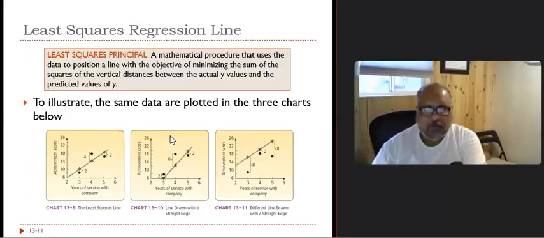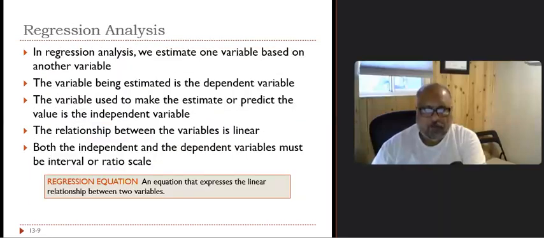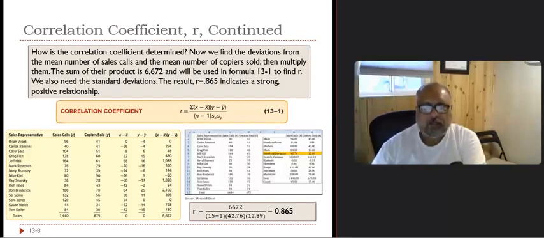Going back now, in this case we had the value of r as 0.865, and when we did the regression analysis, it gave us these highlighted values for sx and sy.